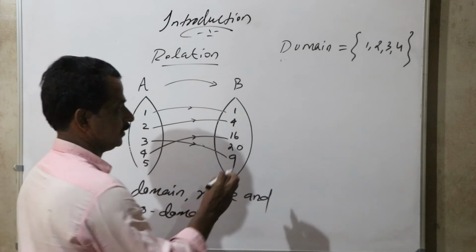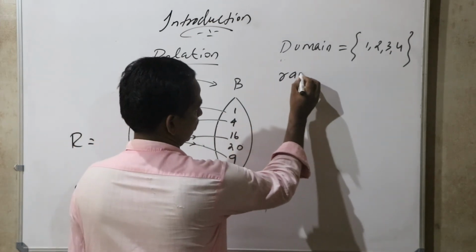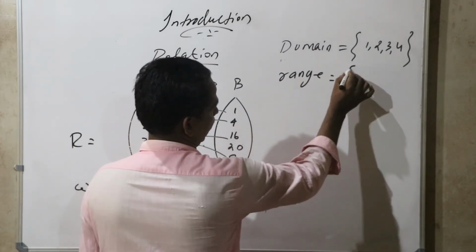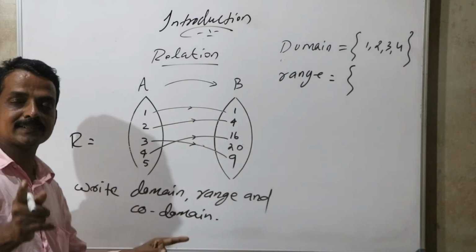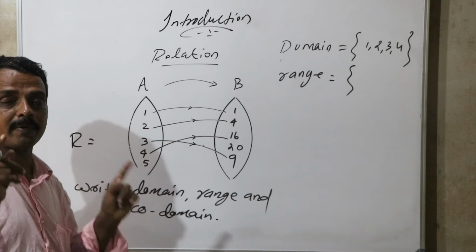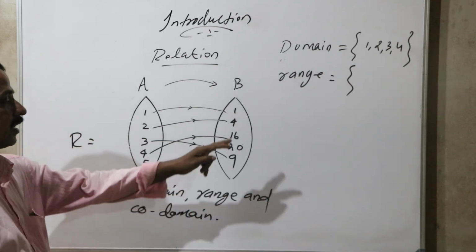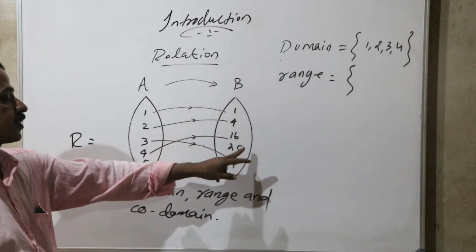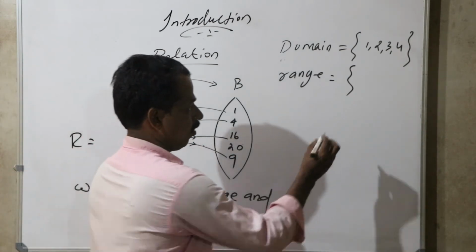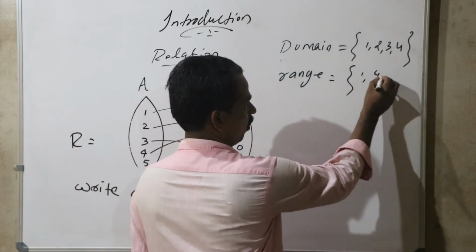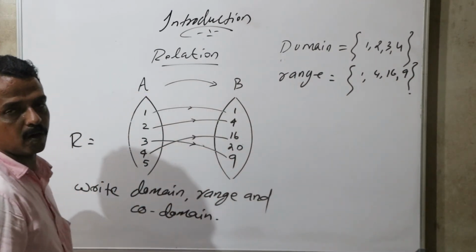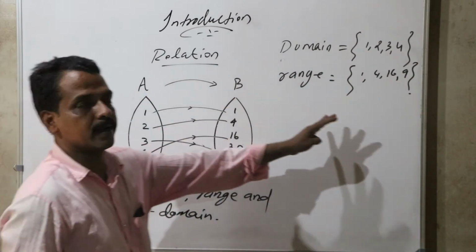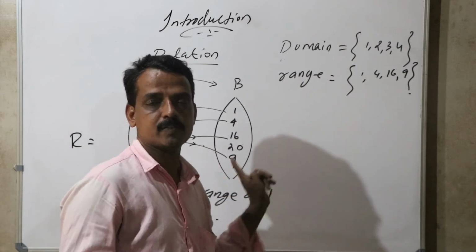What is the range? Range is the set of all images, all y elements. What are the y elements here? 1, 4, 16, 9. These are the range of this relation.